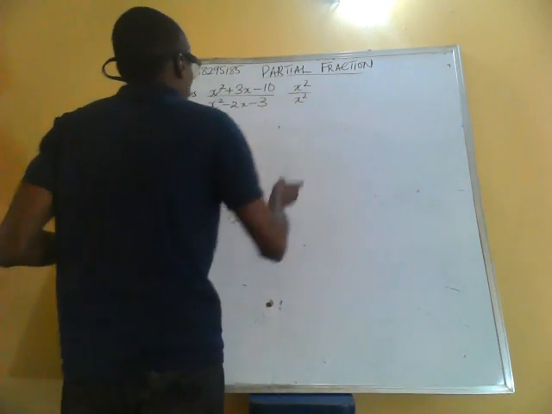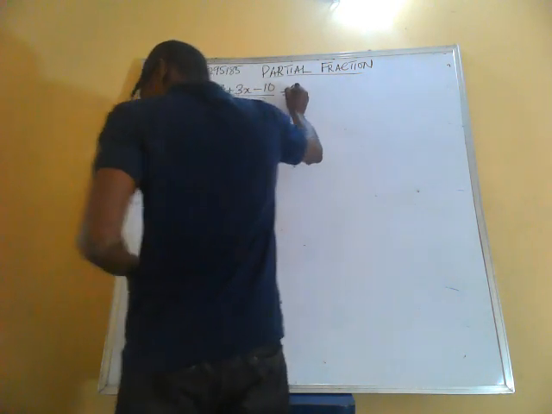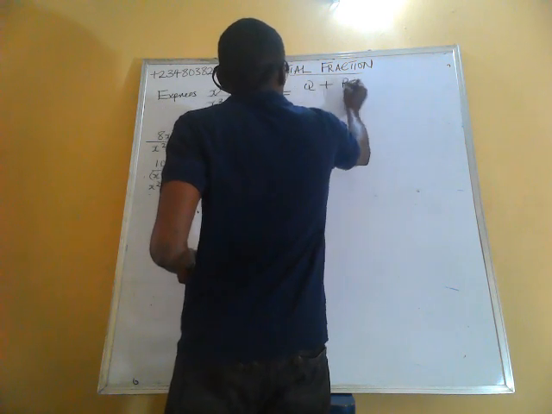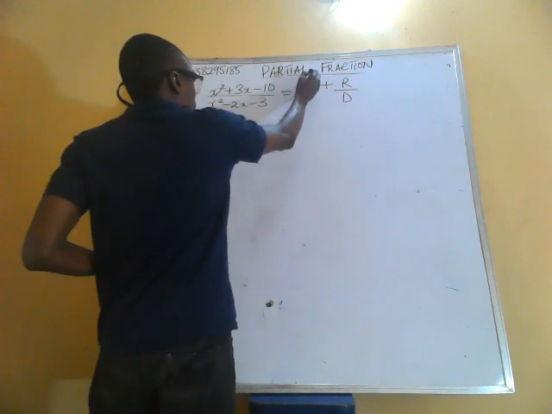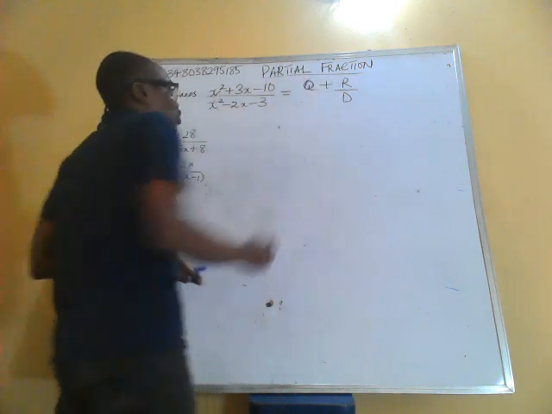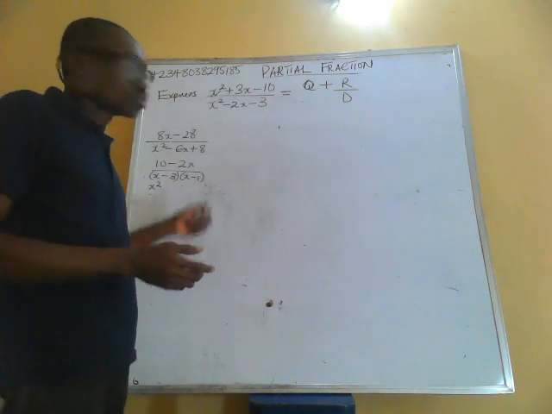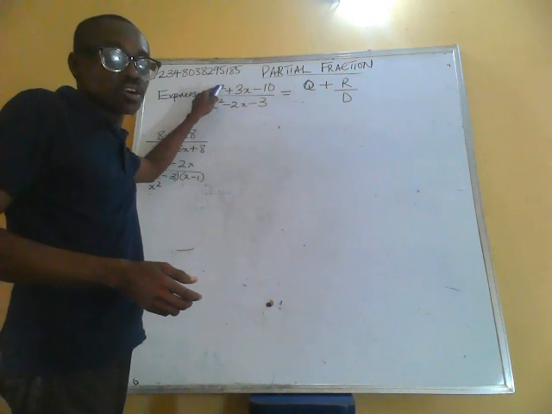When we go ahead and divide, our answer will be in the form quotient plus remainder over divisor. We will use long division to divide, since here the degrees of x are 2 and 2.